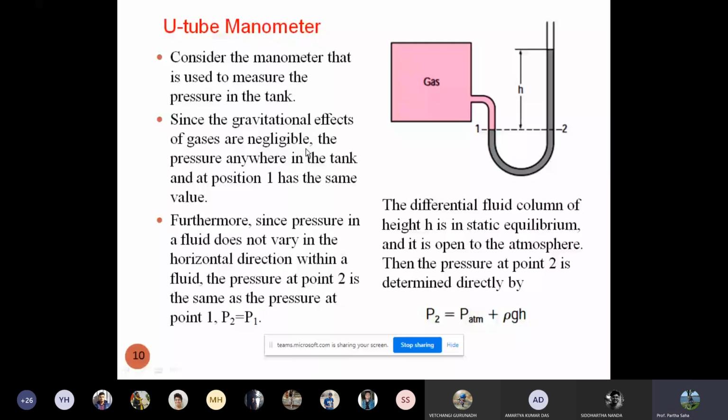So what I'm trying to say is, based on the principle of hydrostatic equilibrium, the pressure at point 1 should be equal to the pressure at point 2, because this is horizontal to the surface, right? So at a certain plane, the pressure should be identical. That is why I already discussed it. But at this point, the pressure head will be this much, which is going to apply on this particular point. So that is the excess pressure.